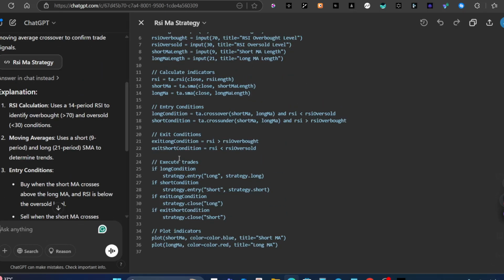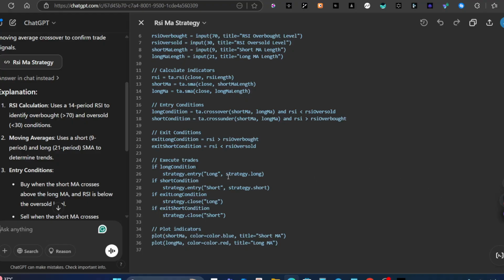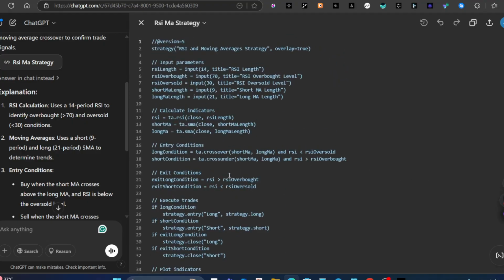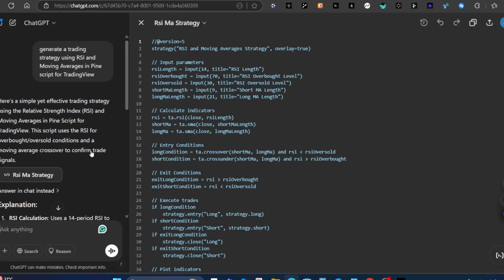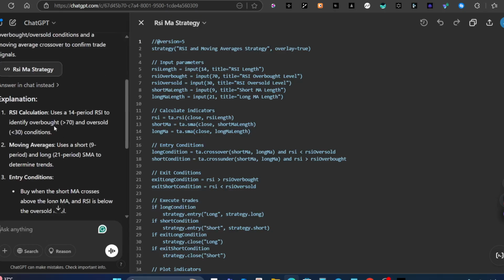You can see in just seconds, we have a fully functional script, but don't just copy and paste, okay? Let us break it down. You can see that ChatGPT has already given an explanation for this strategy, right?